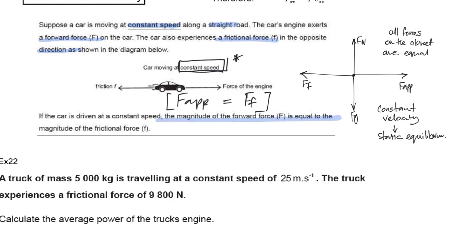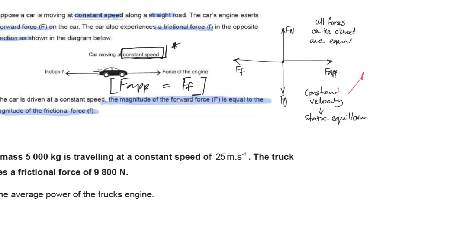That means in any situation that has a constant velocity, I can say that all the forward forces equal the backward forces. So if I know the forward forces, I know the forces that are opposing motion.